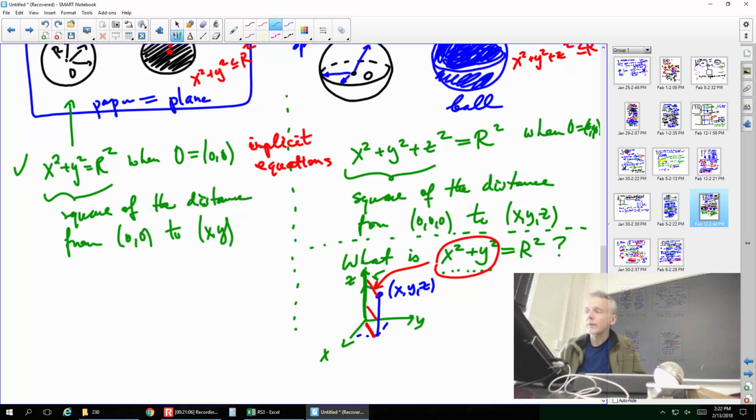So the square root of that thing gives me that distance. So if my distance to the z-axis is fixed, what am I getting? All the points are r units from the z-axis. It's a cylinder, right?